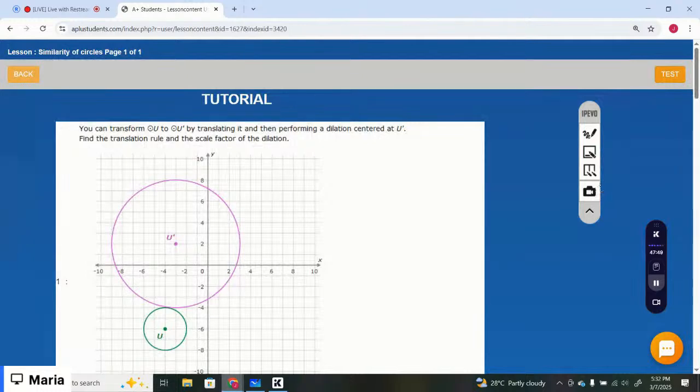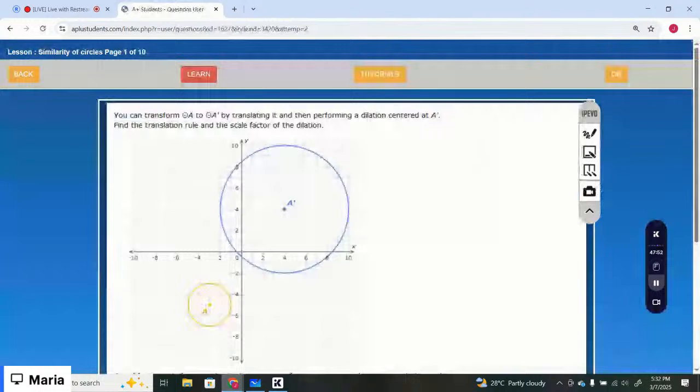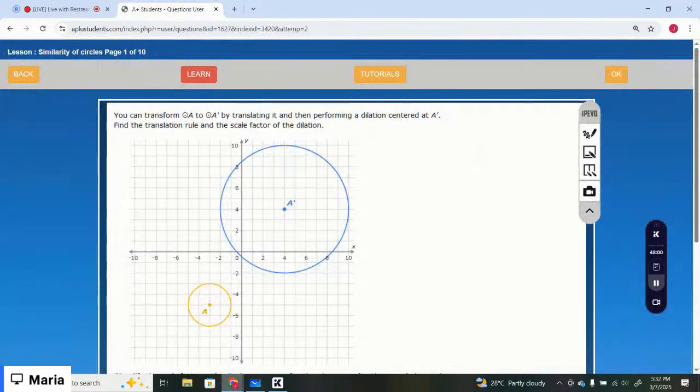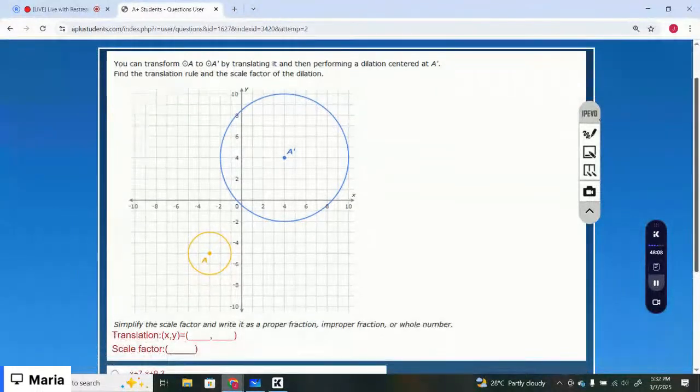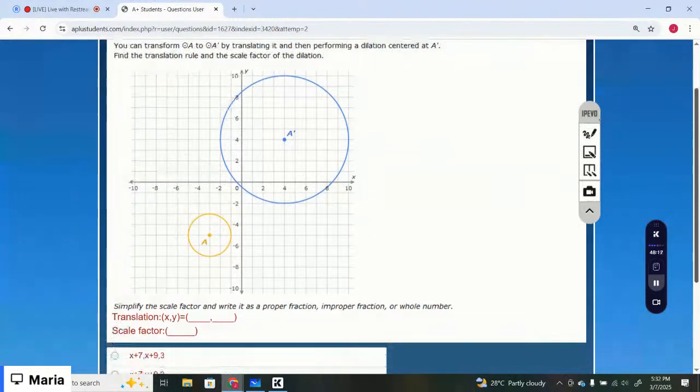Let's just start with the test questions. You can transform circle A to A dash by translating it and then performing a dilation centered at A dash. Find the translation rule and scale factor of the dilation.